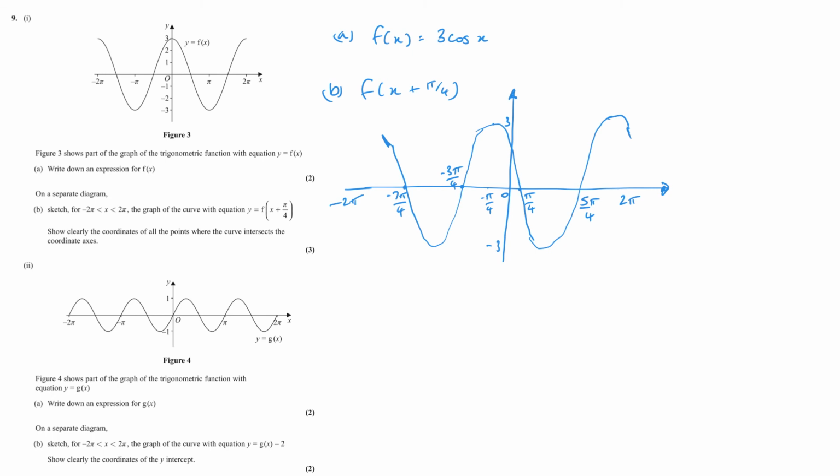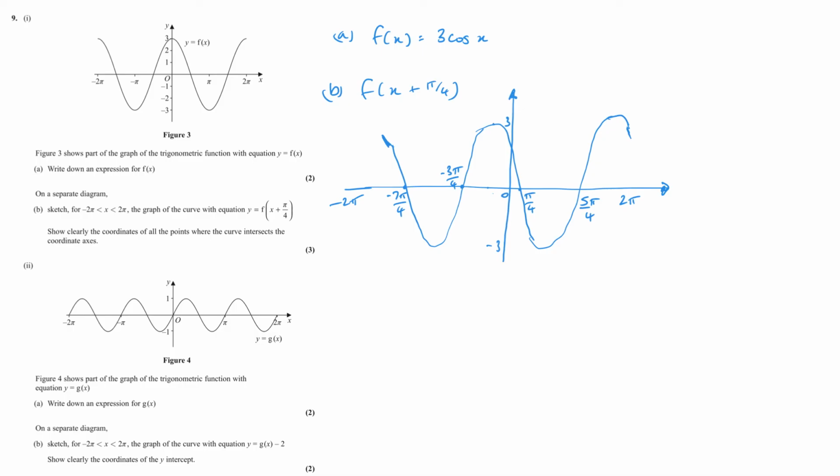Okay, so it's just moving it all by pi by a quarter and finding out those values. Now in the question it says clearly showing the coordinates of all the points the curve intersects.